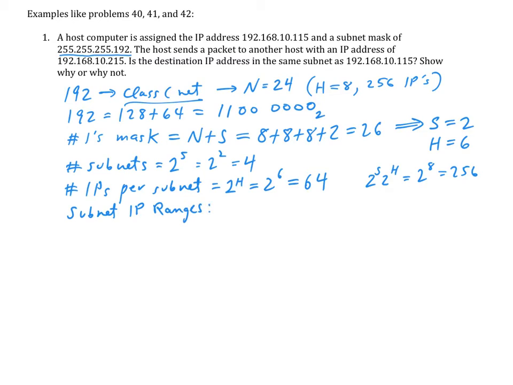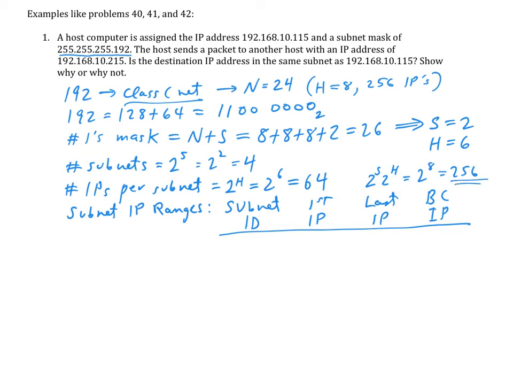What I'll do is start with the subnet ID, then the first IP in the subnet, the last IP in the subnet, and also the broadcast IP in the subnet. You're going to see it's pretty straightforward once you figure out that s is 2, that we're working with just the last octet, and that we're working with a space of 256 IPs.